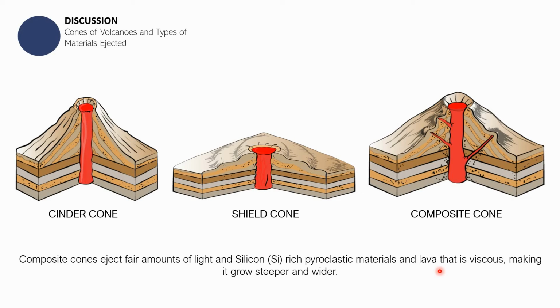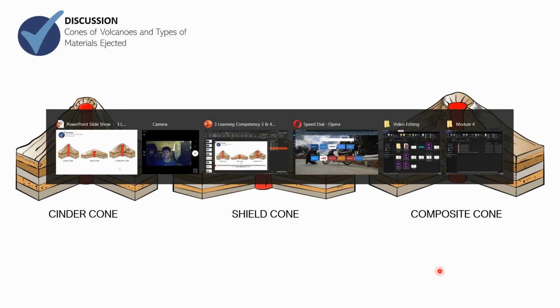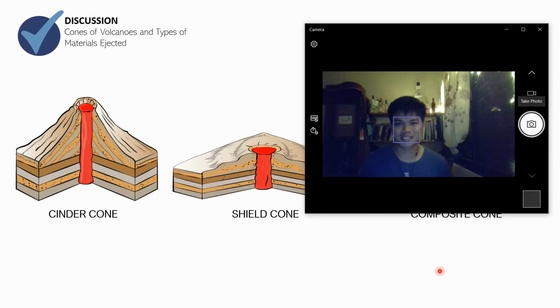And so matangkad siya, and then malapad din siya. Okay, so that's it for the types of cones of volcanoes and the kinds of materials that they eject. This is a very easy and very fast part of the discussion, pero I hope that you understand. We simplified all of this for grade 9 students.